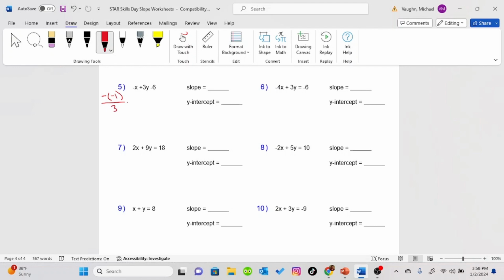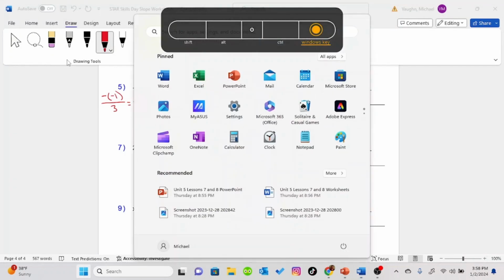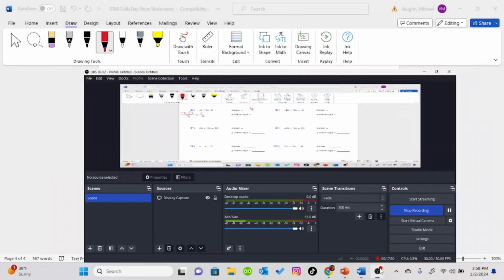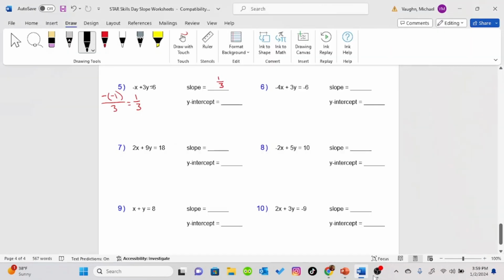Negative negative 1 is positive 1. So my slope is 1/3. My y-intercept is c, which is 6, over b, which is 3, and 6 divided by 3 is 2.